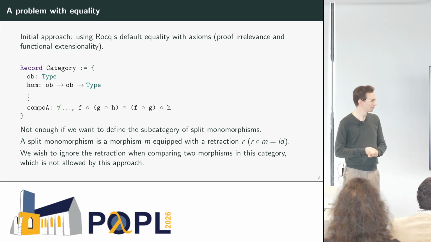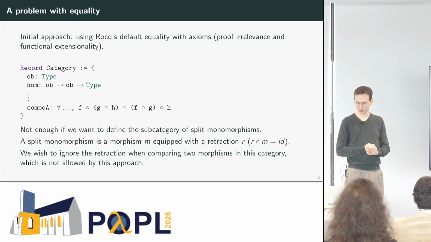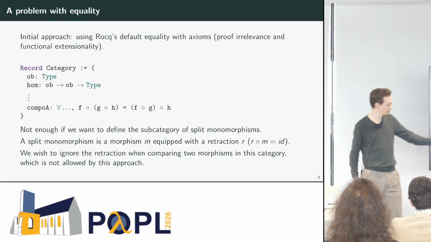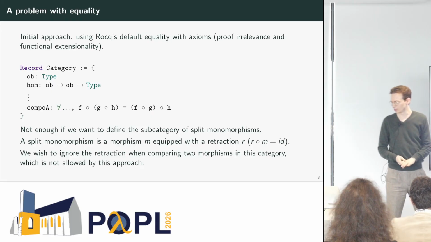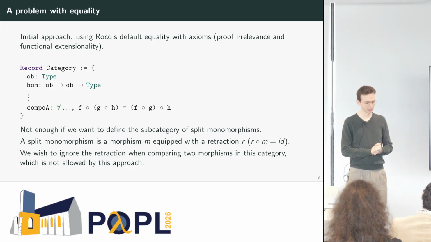However, we run into issues, for example, if we want to define the subcategory of split monomorphisms. A split monomorphism is a morphism M which has a retraction R, so a morphism R such that R composed with M is the identity, a half isomorphism in a way.